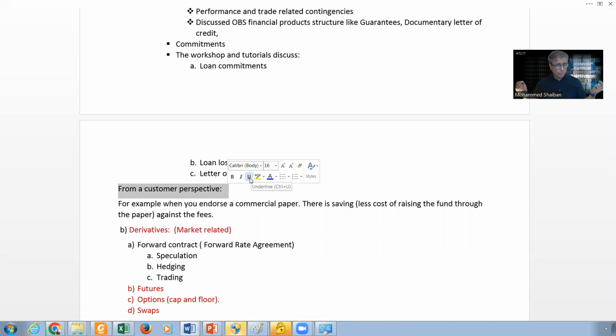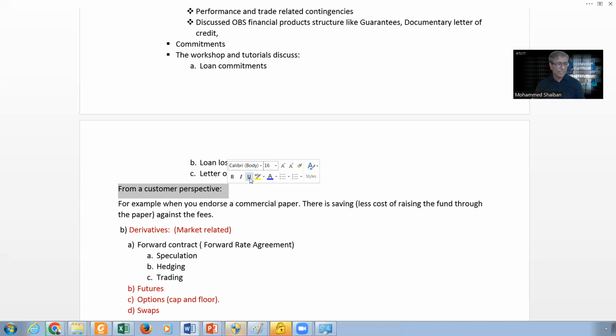In the papers, when we endorse a paper, this is the problem we discussed in tutorial number 9. We have a paper that will be endorsed by the bank. The customer has a debt to another party in the market, and the customer is given two options.